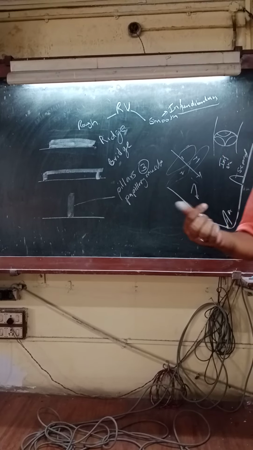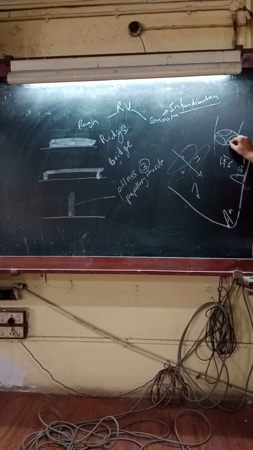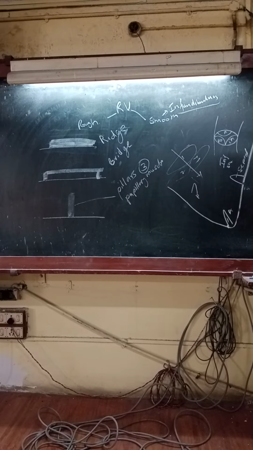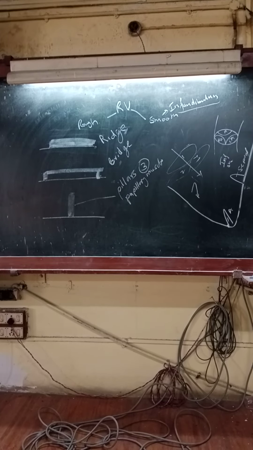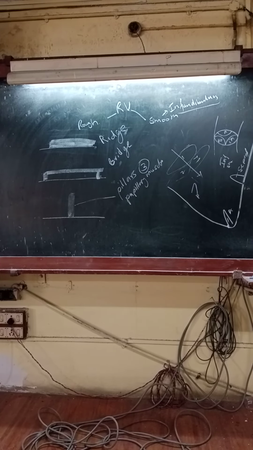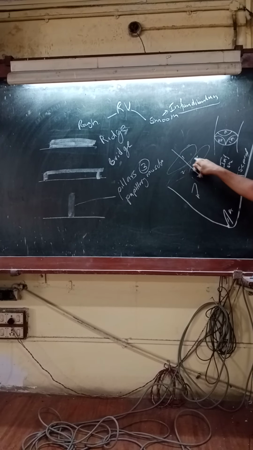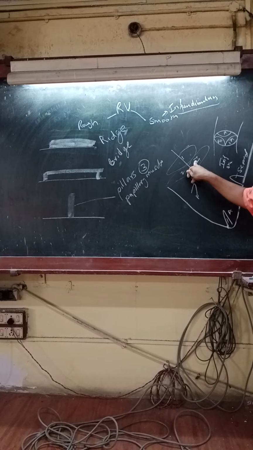This has right anterior, left anterior and posterior. Three semilunar cusps. The semilunar valve has three components, and this is the tricuspid valve.